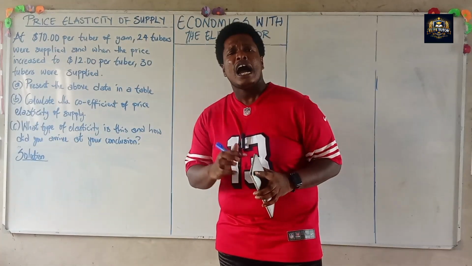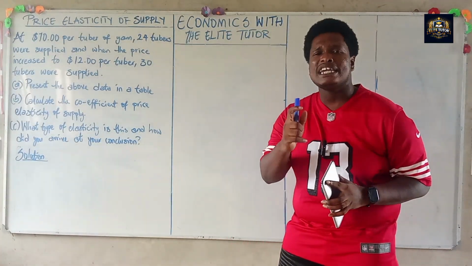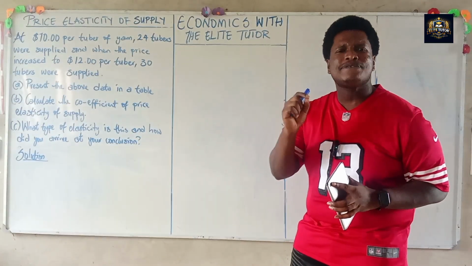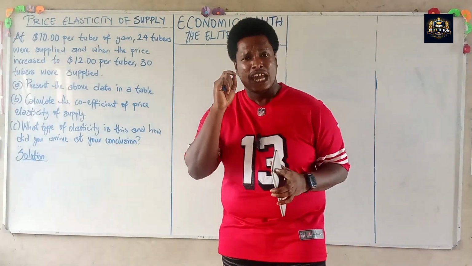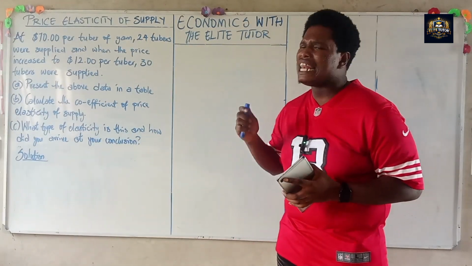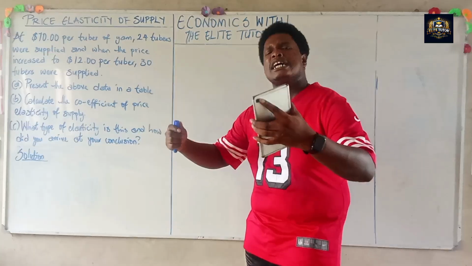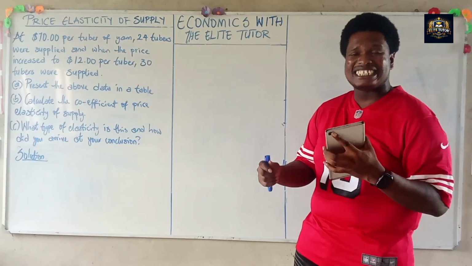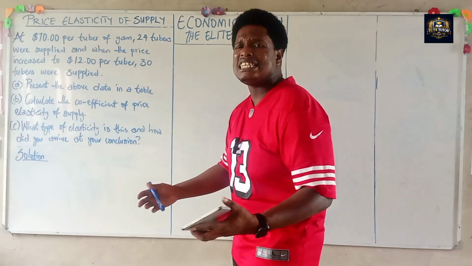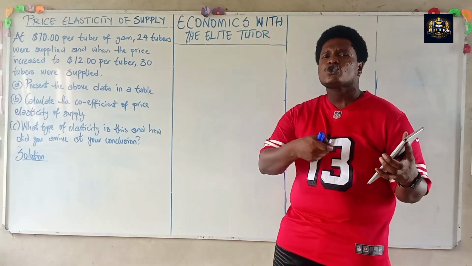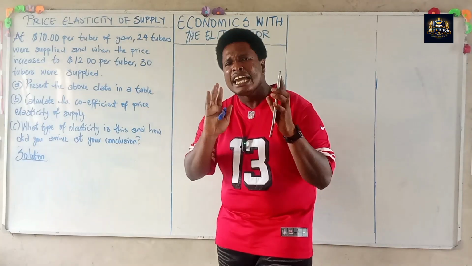Now, in this video, I'm going to be showing the easiest way to solve any question involving the elasticity of supply. When we are asked to calculate the price elasticity of supply, or the coefficient of price elasticity of supply, the formula is stated as percentage change in quantity supplied over percentage change in price.